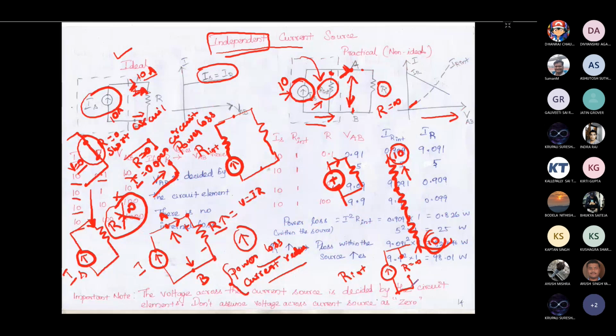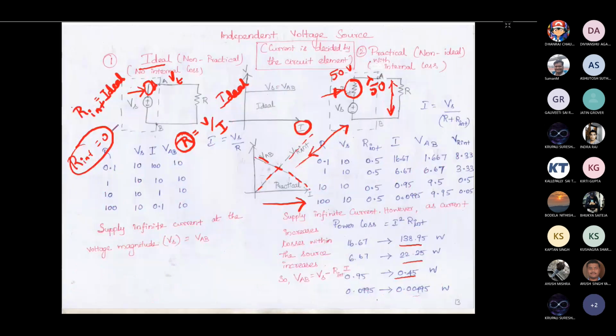If you have R equal to infinite, as I told before, the current flowing through this path is 0. So the internal resistance for this ideal current source is infinite, and the R internal for the ideal voltage source is 0.